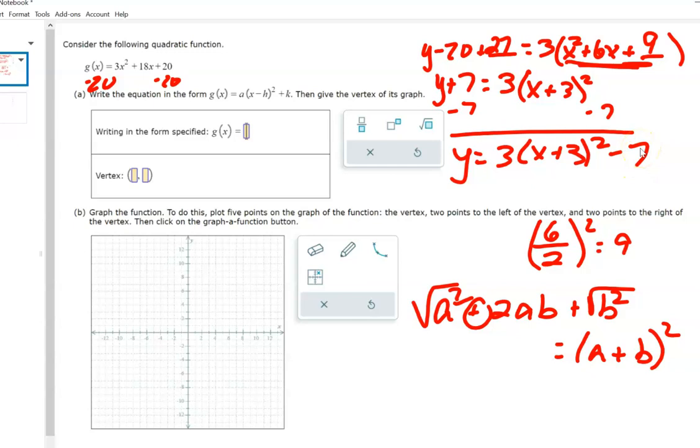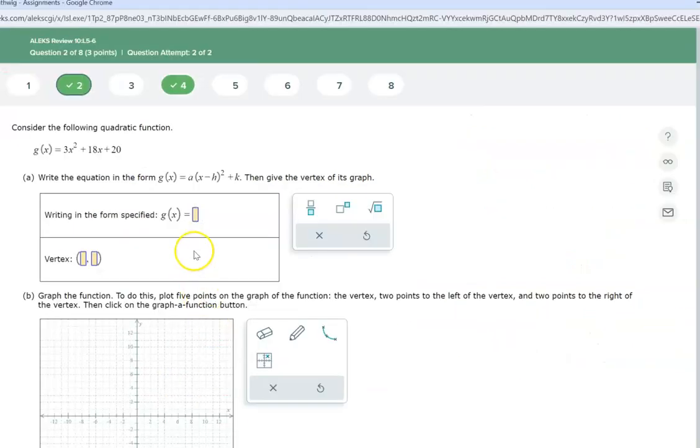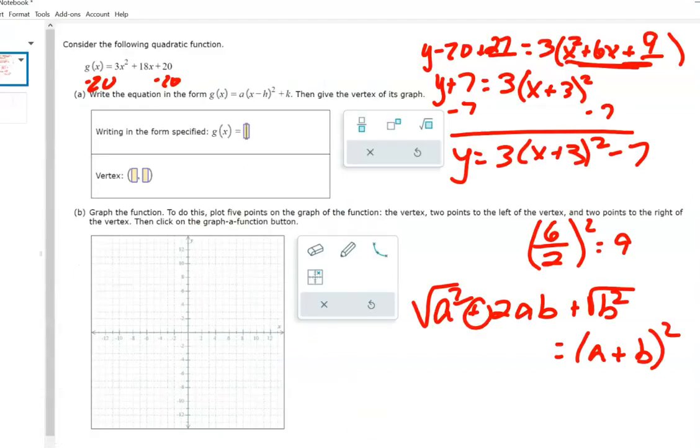So I'm going to go back to ALEKS, and I'm going to type that in. So I have 3 parentheses x plus 3 squared, and then it was minus 7. I'm just going to go back and double check that's what I have.